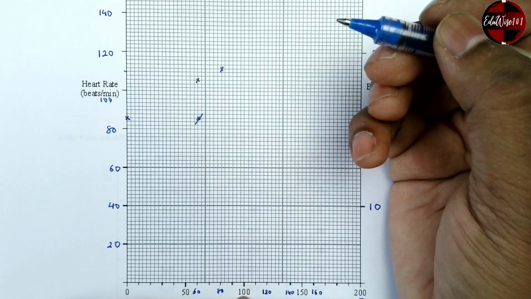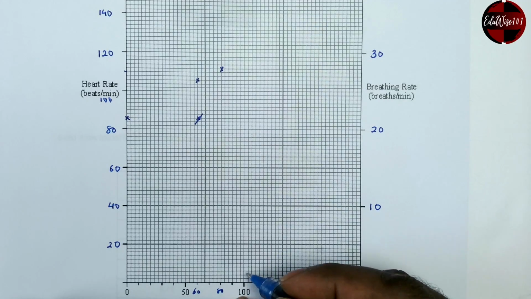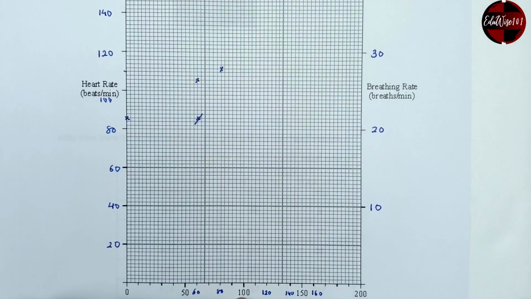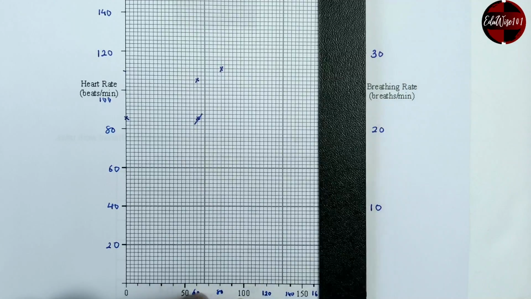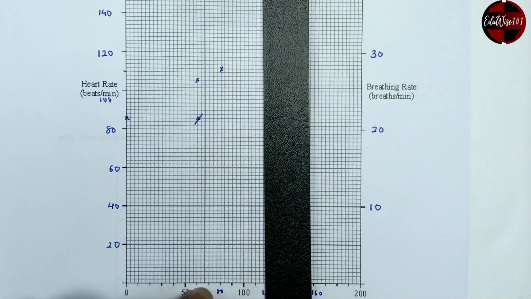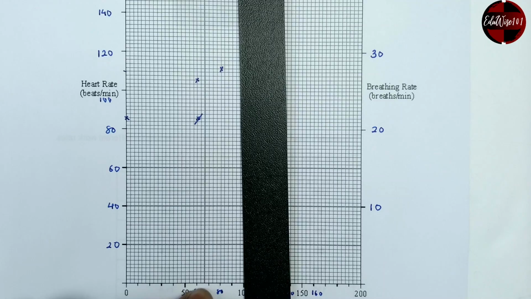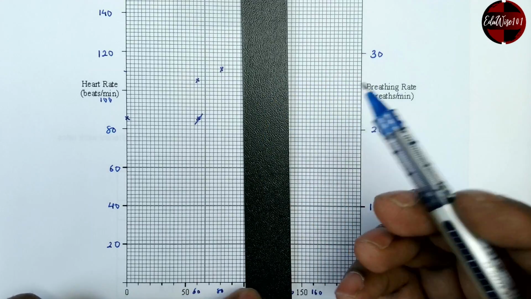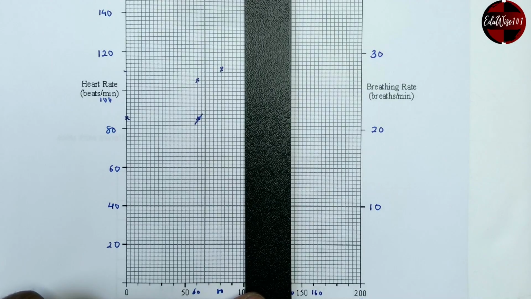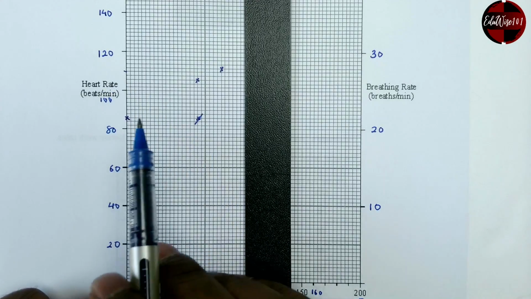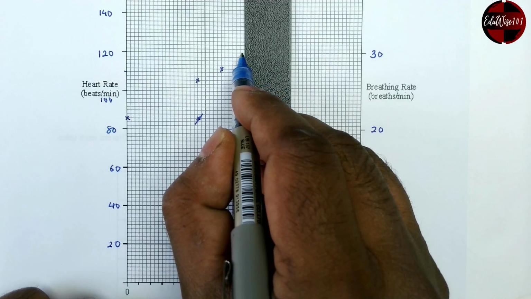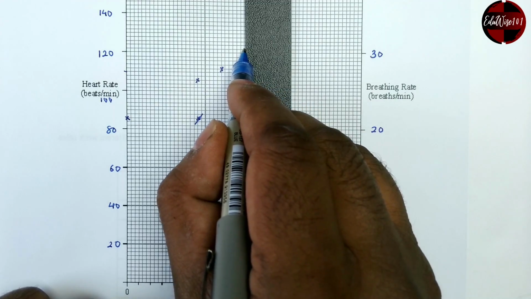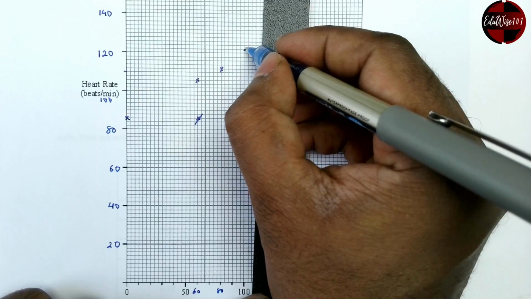At 100, which is all the way. Let me use something for that. Okay, let's see. At 100, it should be 122. So that's 120, 122 should be there.